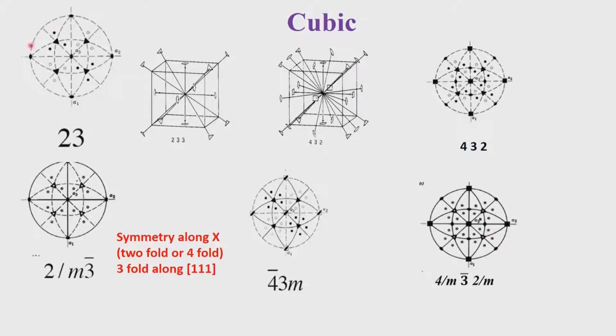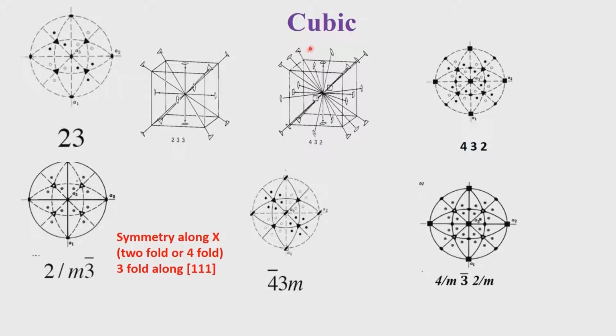As you can see here, in this particular case you have a 2 3 3 represented in this diagram, which essentially outlines a tetrahedral type of arrangement, and the cubic, which is 4 3 2, actually represents an octahedral type of arrangement.